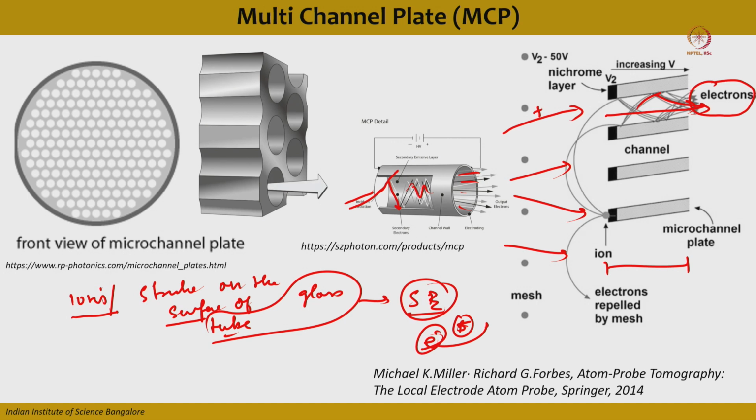So this is the function of a typical glass tube, which is one of the very large number of glass tubes in an MCP plate. When the electrons are coming out of the MCP plate, they have to be converged to a spot.